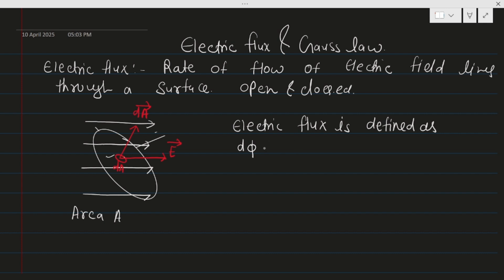This is given by E dA cos theta, the dot product E dot dA.